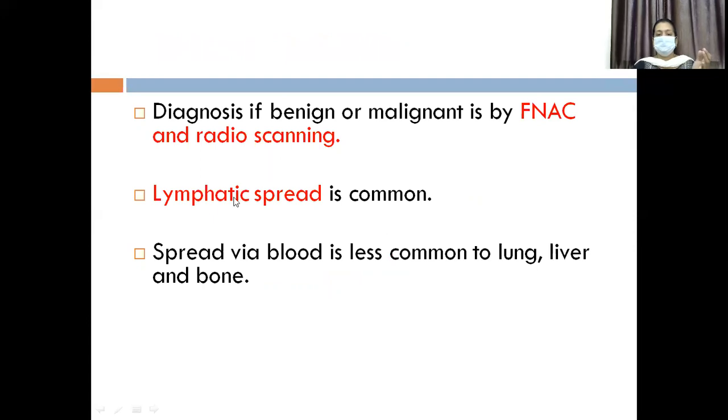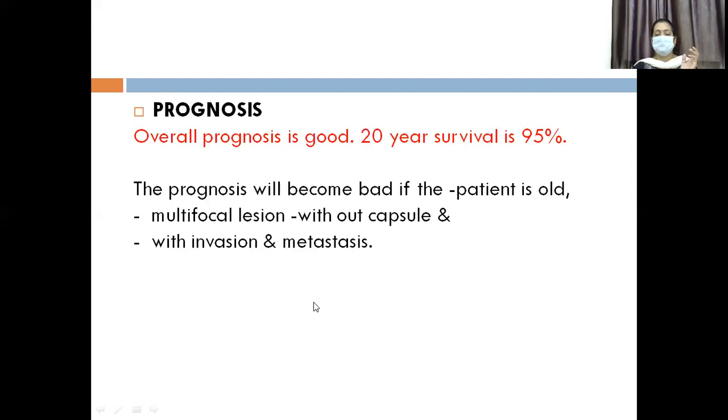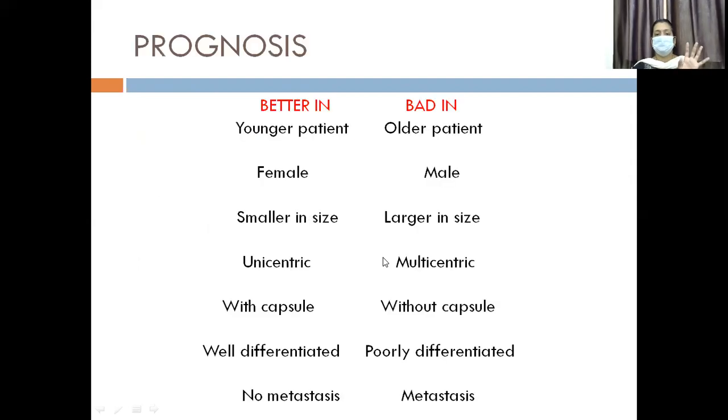The lymphatic spread, I told you, is common, and sometimes by blood it can pass to lung, liver and bone. Prognosis is good. With multifocal invasion, old patient, without capsule, with invasion and metastasis, the prognosis still can be poor.